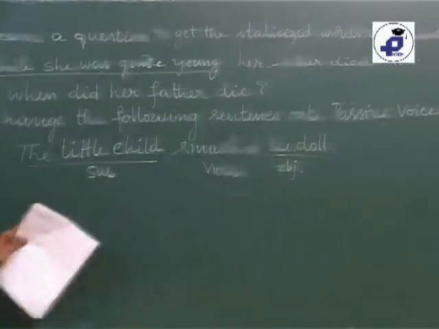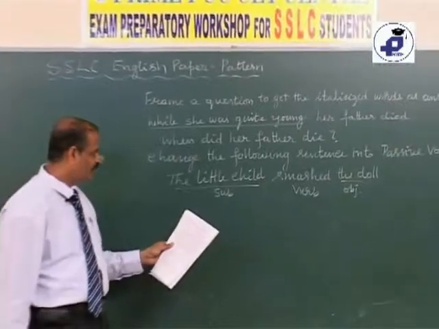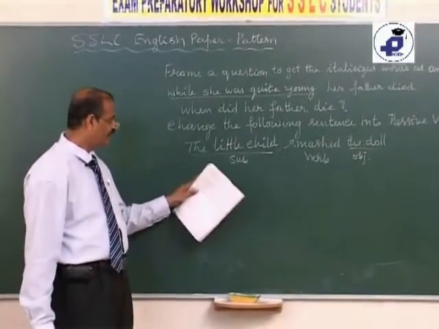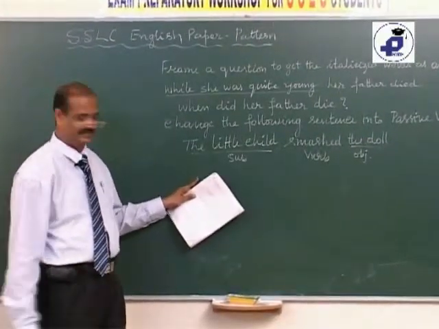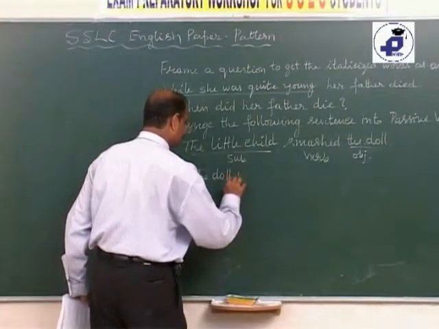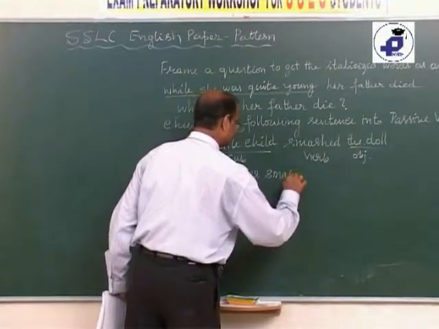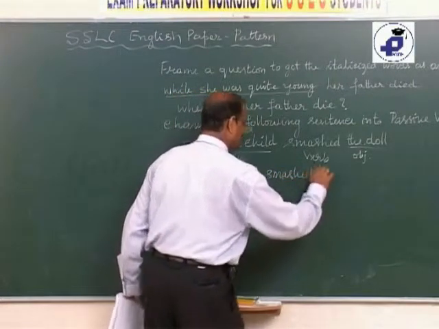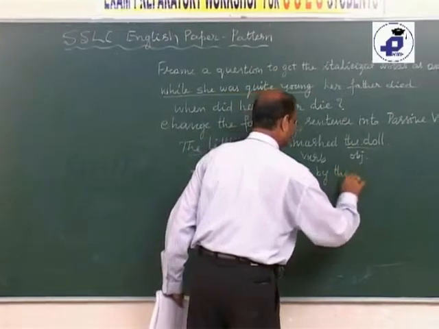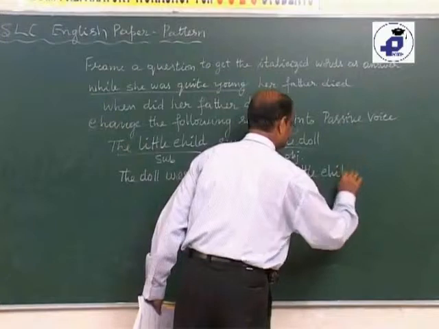Object becomes the subject and subject becomes the object. The doll was smashed by the little child. So the answer will be: the doll was smashed by the little child.